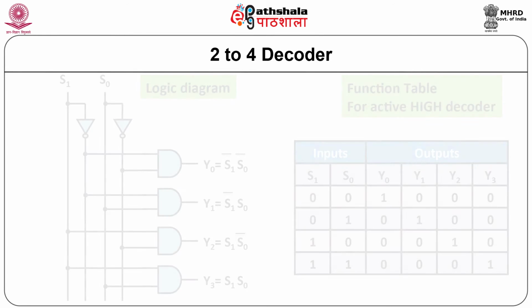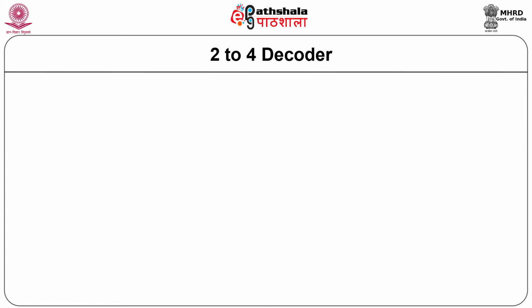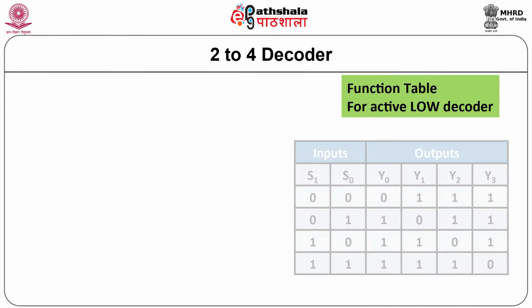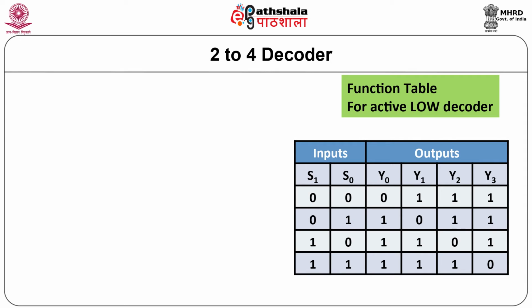activated or not. Let us now prepare the function table for 2 to 4 line decoder with active low outputs. In this table, 2-bit binary code selects the output by making it low. Other outputs will be high in such case. Let us now see the logic diagram for 2 to 4 line decoder.